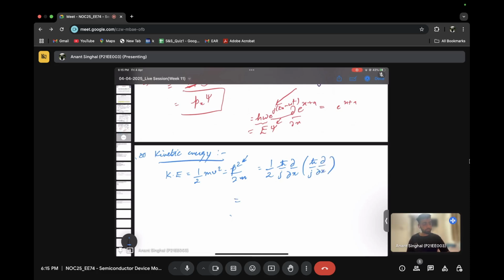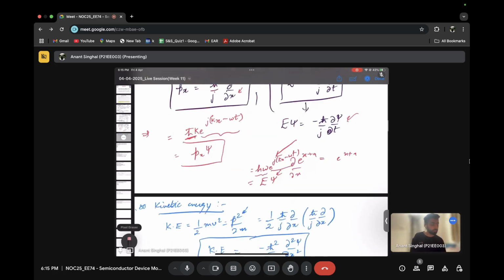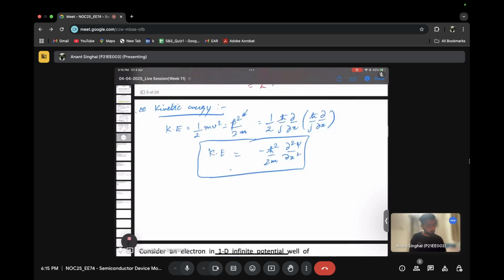Due to the p squared, I've double differentiated it, and if you solve it, it will come out to be minus ħ squared by 2m d2 psi by dx2. So this is the kinetic energy operator, not the energy operator. I hope it makes sense.